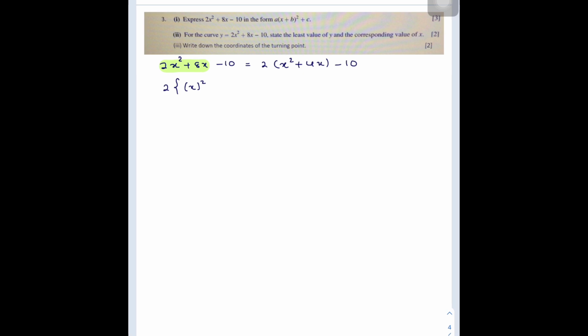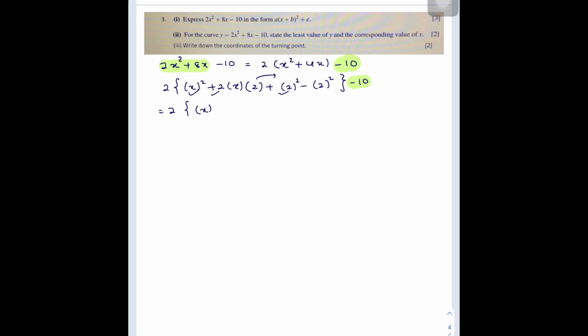So that's 2 times x squared plus 2 times x, but I needed 4x. So 4x divided by 2 times x is 2. So the third term will be 2 squared, but I didn't have it, so I write minus 2 squared. I'm keeping the minus 2 outside only. We'll sort it out later.